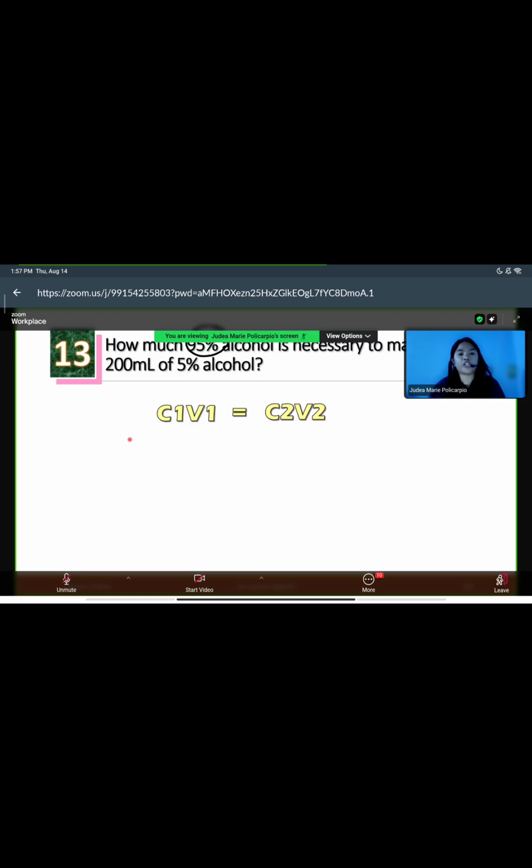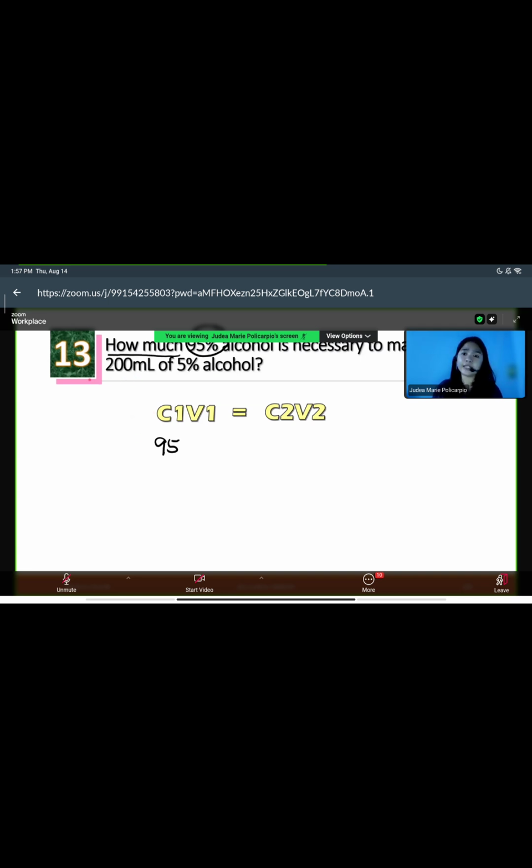So let's make it your C1. Tapos, kada concentration may ka-partner silang volume. Sino yung volume partner ng C1 natin?